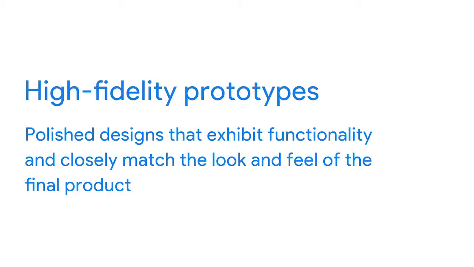High fidelity prototypes, however, are polished designs that exhibit functionality and closely match the look and feel of the final product. Once designers test and confirm that a low fidelity prototype works properly, they can create high fidelity designs. These high fidelity designs will go through their own testing process. We'll get into high fidelity prototypes later on in the course, but for now, we'll focus on building low fidelity prototypes.